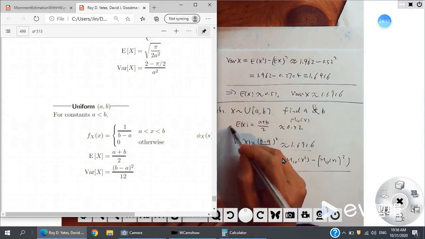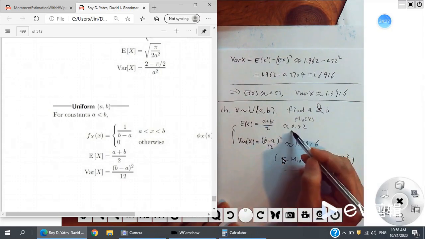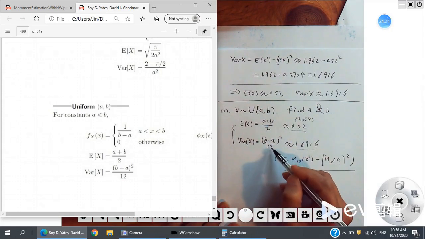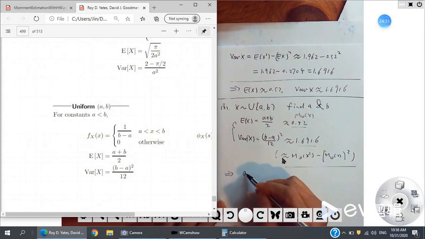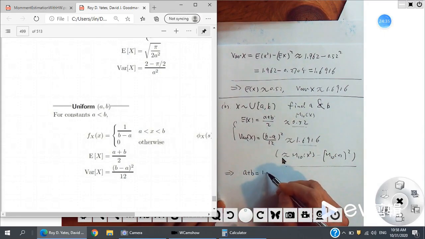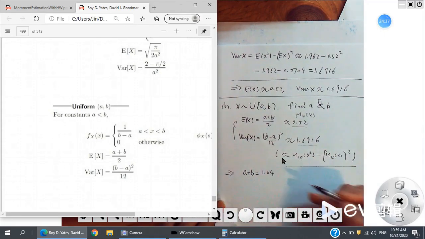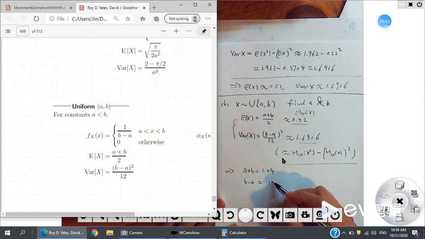Okay, now you have two equations. A plus B over 2 equals this number, and B minus A squared over 12 equals this number. Then we can solve it. So A plus B will be 2 times this, which is 1.04, right? A plus B. And B minus A will be the square root of 12 times 1.6916.